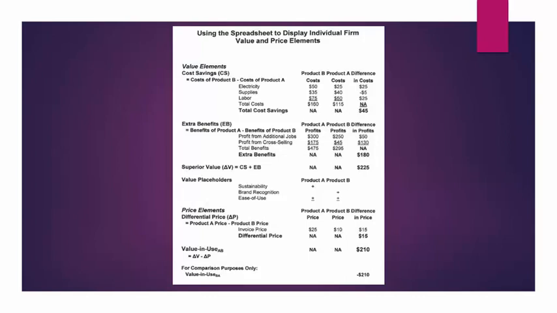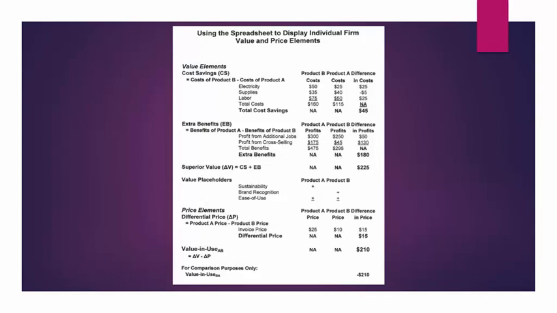All right, to that I want to add the extra benefits, which could be in the form of profits or additional sales. So I've got 2 rows here, profits from additional jobs and profits from cross-selling. I've got them for product A, product B, and more importantly, I calculate the difference here and sum them up, and I come up with extra benefits.